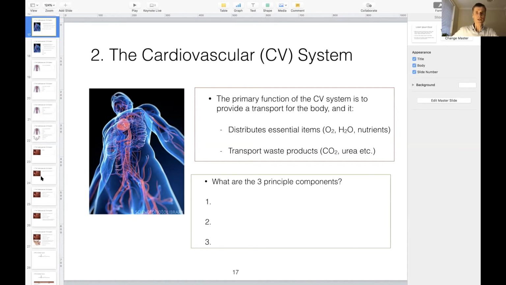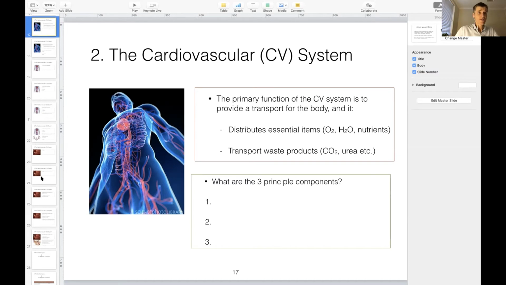It provides a transport system so that essential elements, essential minerals, essential vitamins, oxygen, water, etc., can be delivered to the organs, to the tissues, to the cells, and then to transport things away from those cells, away from those organs, waste products like carbon dioxide and urea.